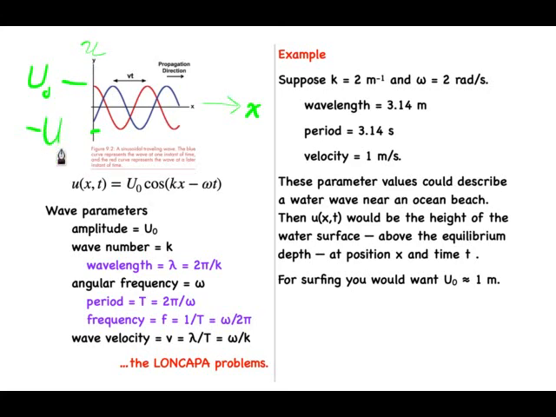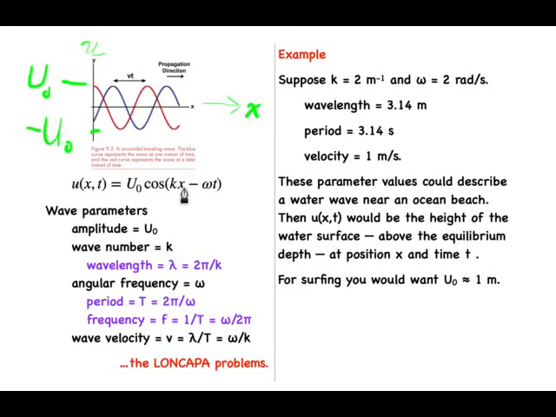And if I look at the wave at a particular time, and I look at its range of values as a function of position, it varies between plus u0 and minus u0. That's called the amplitude, or the amplitude of oscillation. The cosine oscillates between minus 1 and 1, so u oscillates between minus u0 and u0. So u0 is the amplitude.